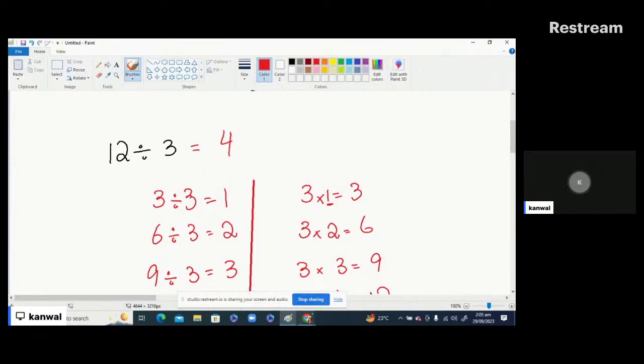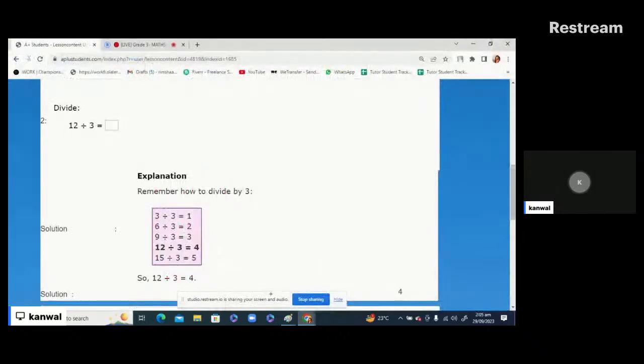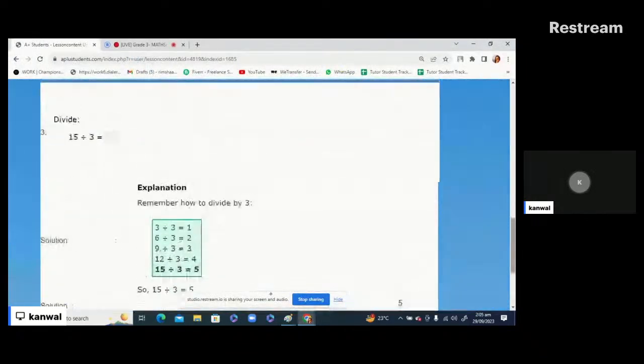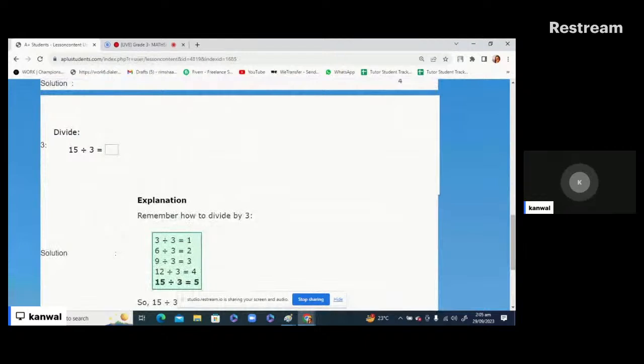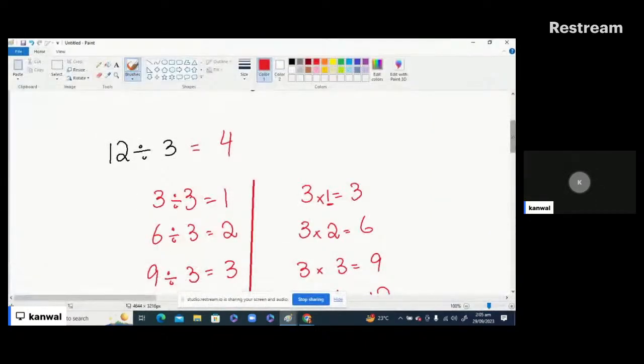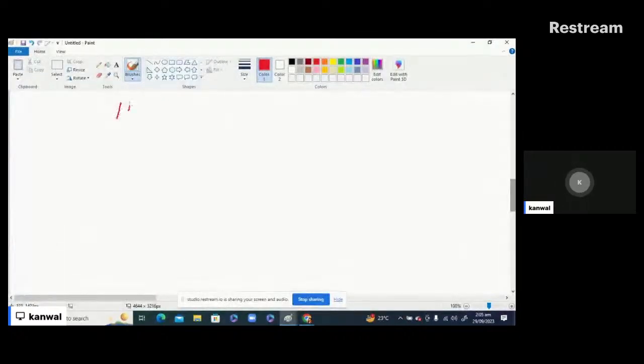Okay, let's do the next. Here is 15 divided over 3. I'm going to write it here, 15 divided over 3. Again, there are two methods.